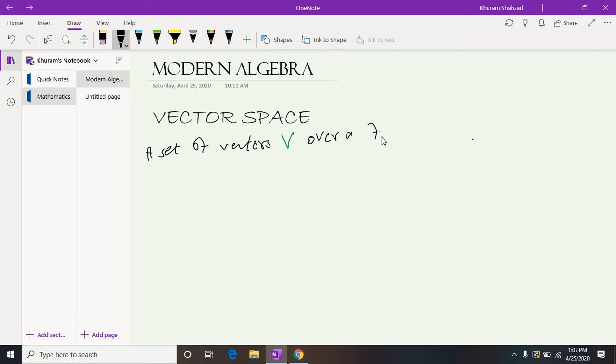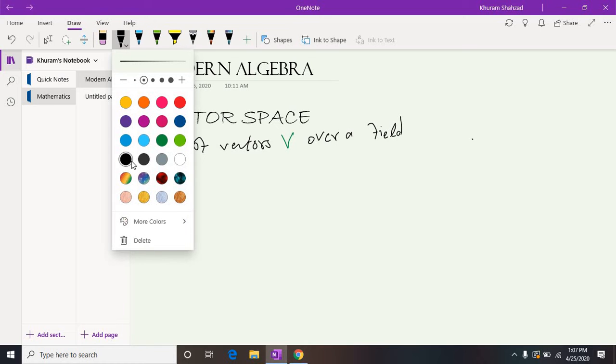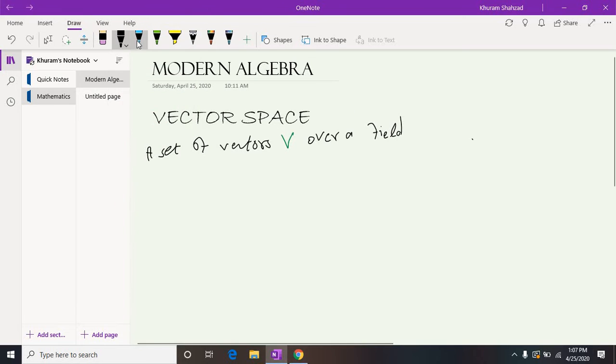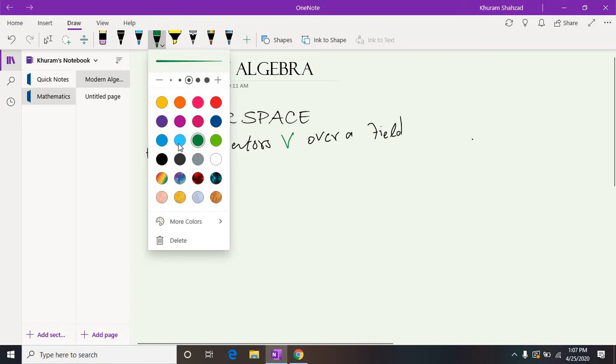Over a field, which is a set with some specific axioms, and I hope you would be familiar with that because that is in your previous course.